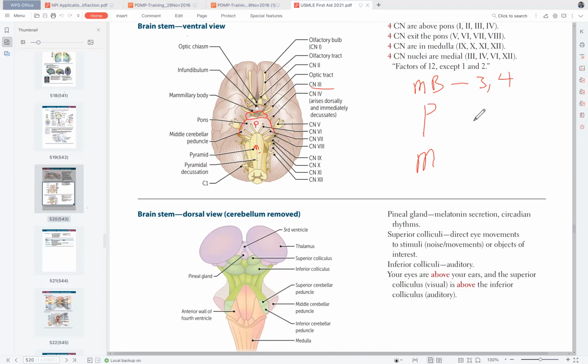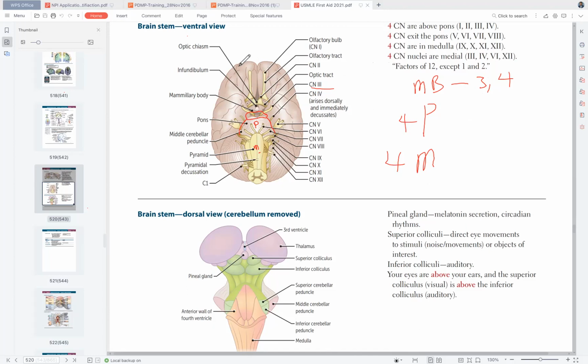Now, there are 4 other nerves that come from the pons, and we also have another 4 nerves that come from the medulla. So in all, how many do we have? There are 12. We have 2 already, so we have only 10 left, because we have 2 from the cerebral cortex already.